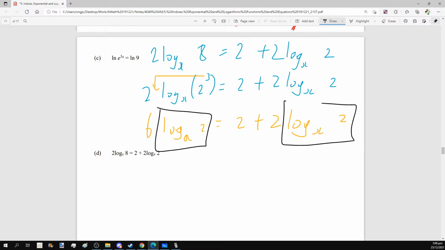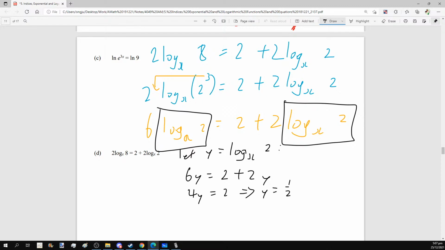The same object is now repeating, so we will let y equal log_x 2 in order to make the math problem look nicer. Now we will have 6y equals 2 plus 2y. And over here, the rest of the math problem becomes trivial. And therefore, log_x 2 equals half.